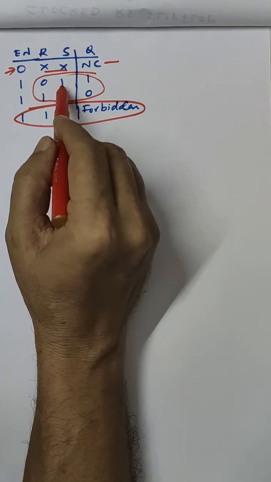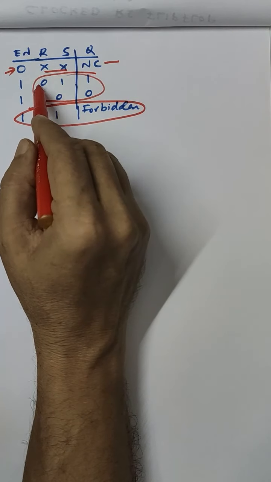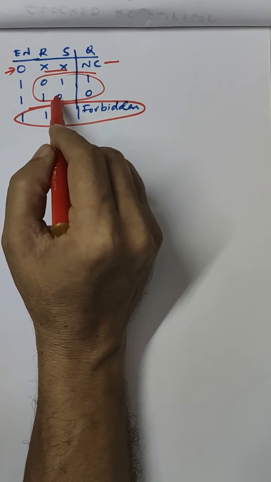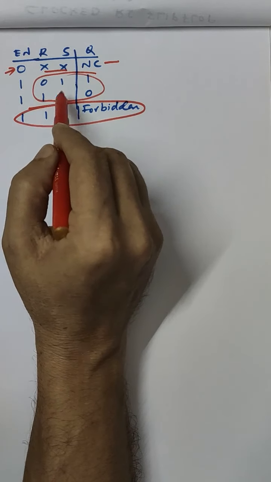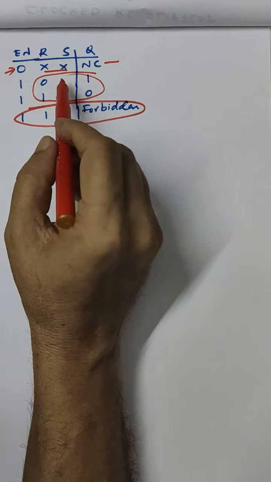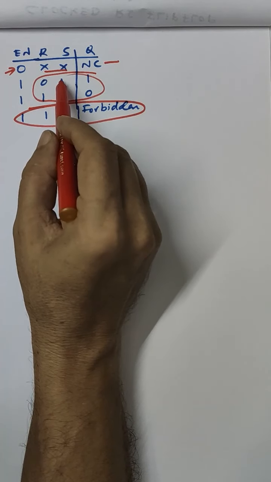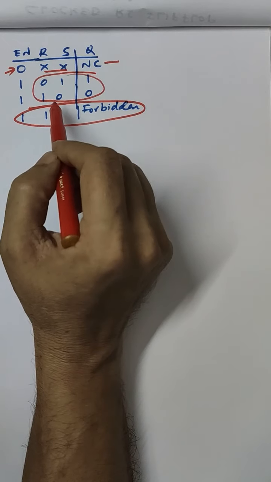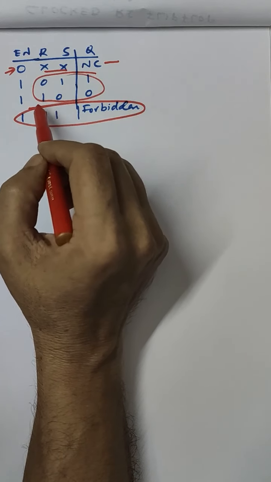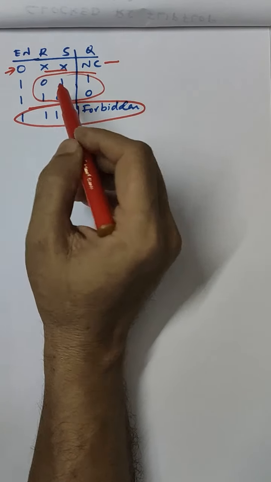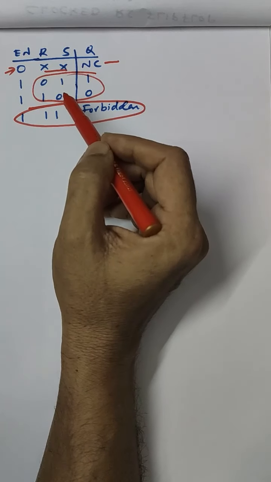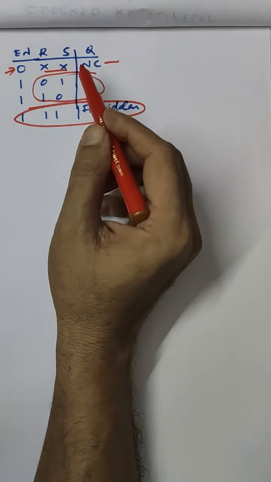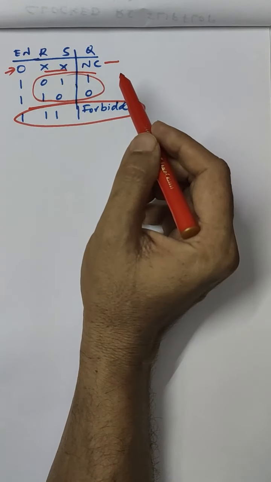To set, S1 R0, and just the opposite for resetting, R1 S0. So you can combine both R and S together so that one is always the complement of the other, so that we can reduce one input from the conventional RS flip-flop.